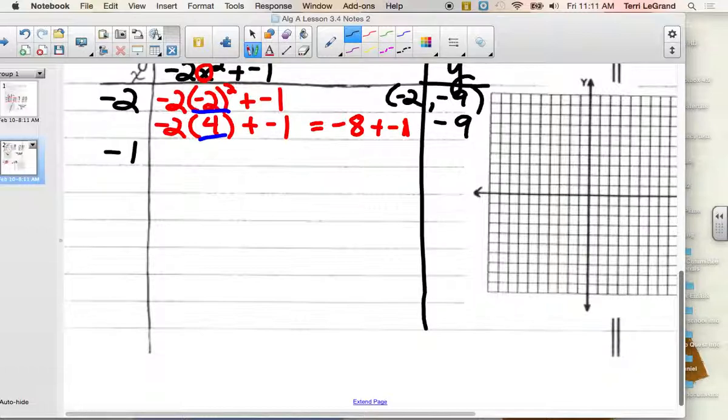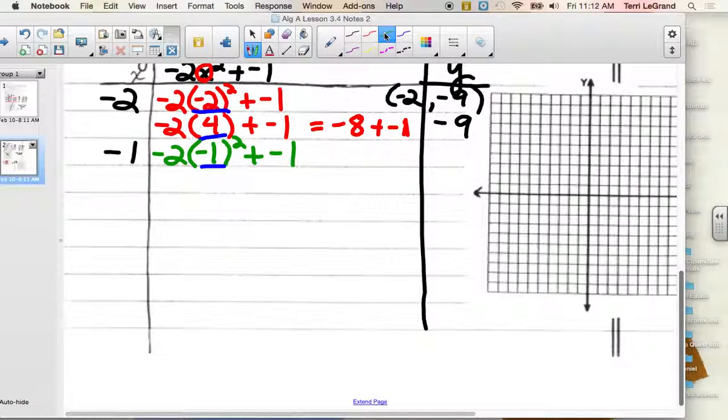Okay, now let's do when x is equal to -1. So we have our -2, which is part of the function rule. -1 goes in parentheses for x, plus a -1. This is our x value right here. We're putting -1 in for x. So what are we going to do first here?